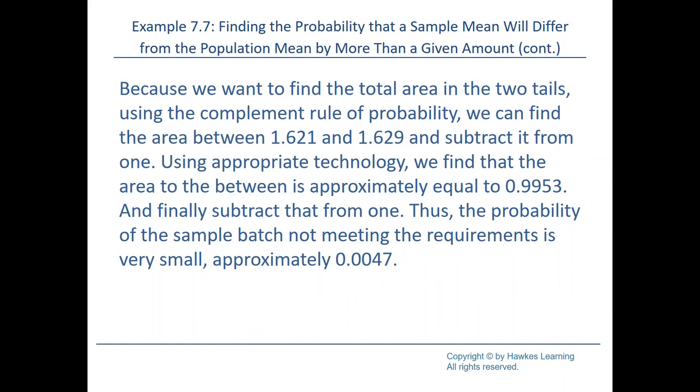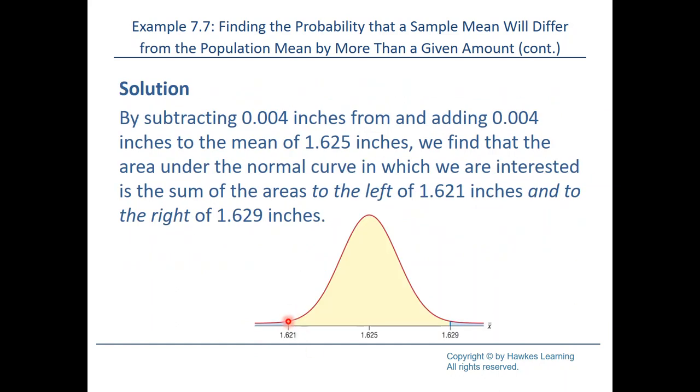Now, because we want to find the total area in the two tails here, we're actually going to use the complement rule for probability. The reason why I say we're using the complement rule is, I'm going to scroll back to the picture one more time. I don't really have a lower bound, because if you think about this the way that we're looking here, I'm looking for the area that is actually covered between here and here.